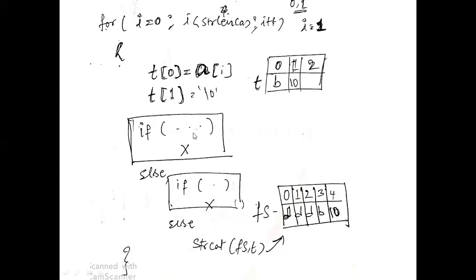In this case, in the second iteration, both if statements fail. Only the else part in the second if else condition will be successful, which concatenates t to the fs. This is the default operation. If everything else fails, this has to be executed. Fs will be concatenated with the string t. What is string t?